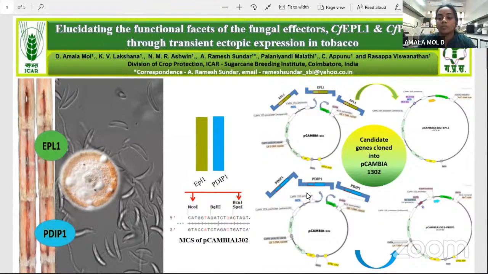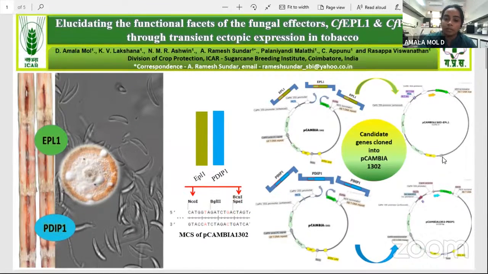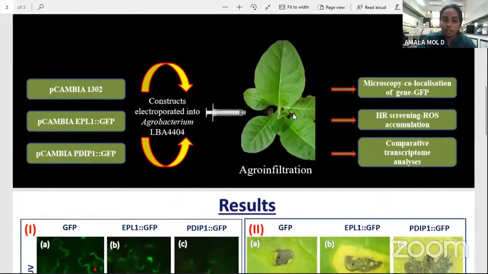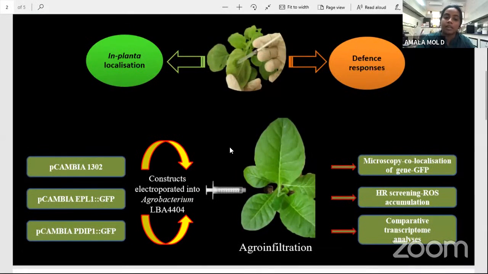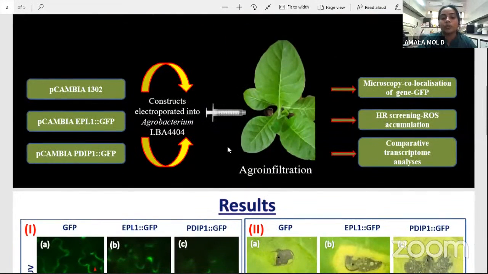The recombinant vectors pCAMBIA 1302-EPL1 and pCAMBIA 1302-PDAP1, together with the empty vector control pCAMBIA 1302, were electroporated into Agrobacterium strain LBA4404 and introduced into tobacco via agroinfiltration.